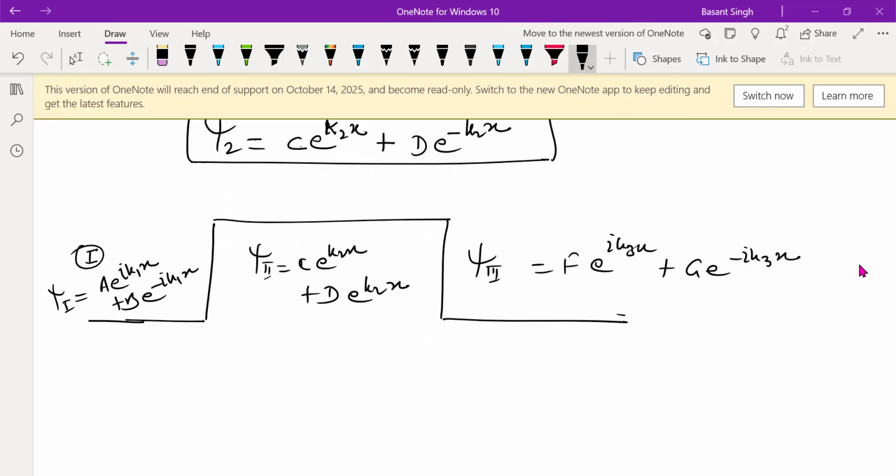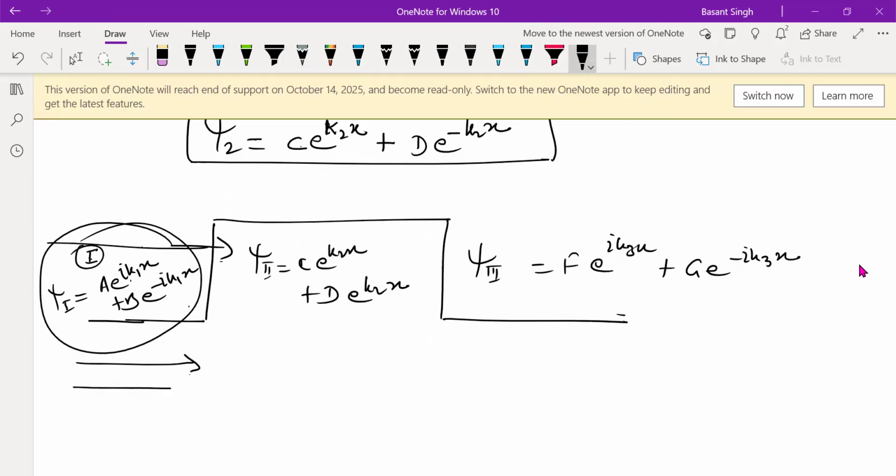Since this is an oscillatory function and this is the region where the particle is incident for the tunneling, in this region both incident wave and reflected wave are physically possible.